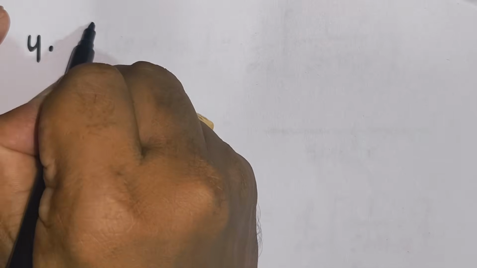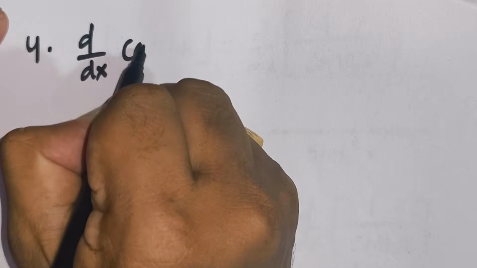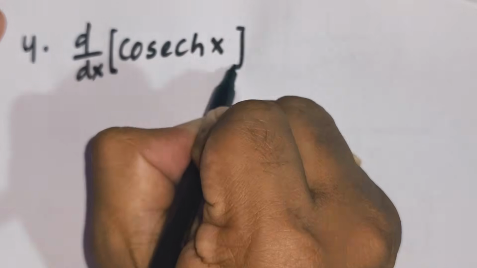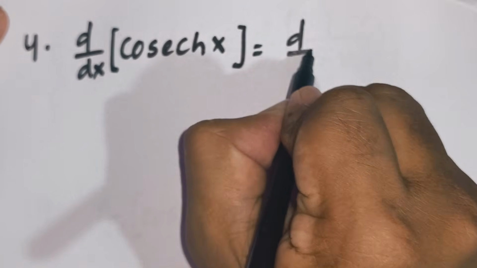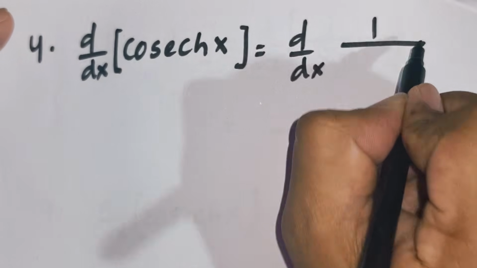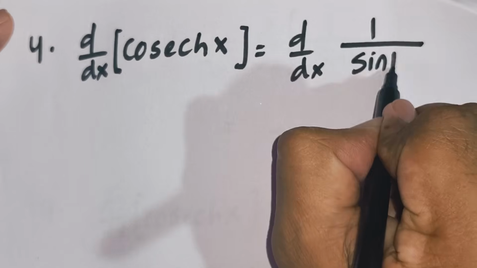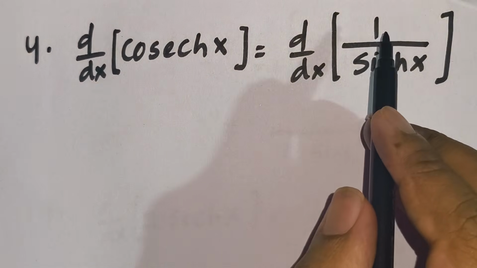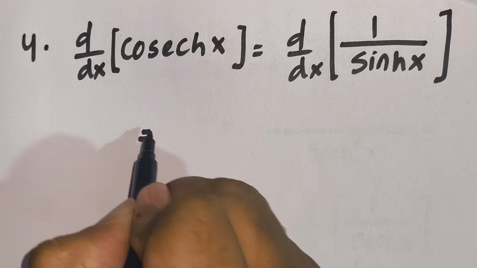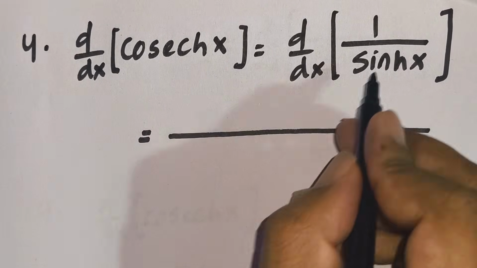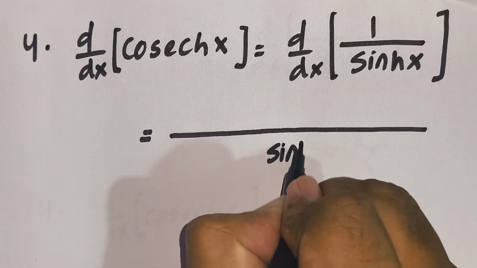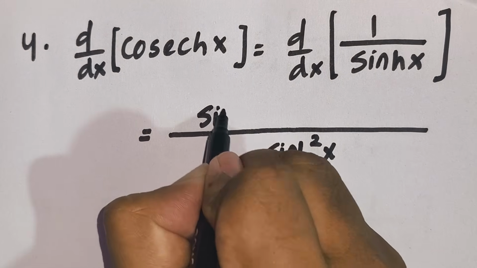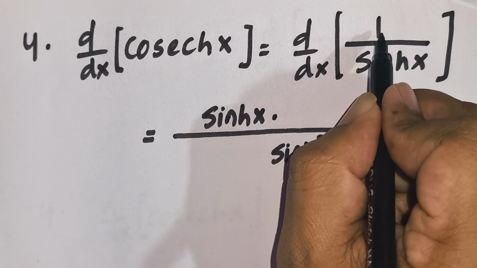Next we have the derivative of hyperbolic cosecant. By definition, hyperbolic cosecant is 1 over hyperbolic sine. Again we can apply the quotient rule of differentiation, which says square of denominator, hyperbolic sine square, then keep the denominator times derivative of numerator.